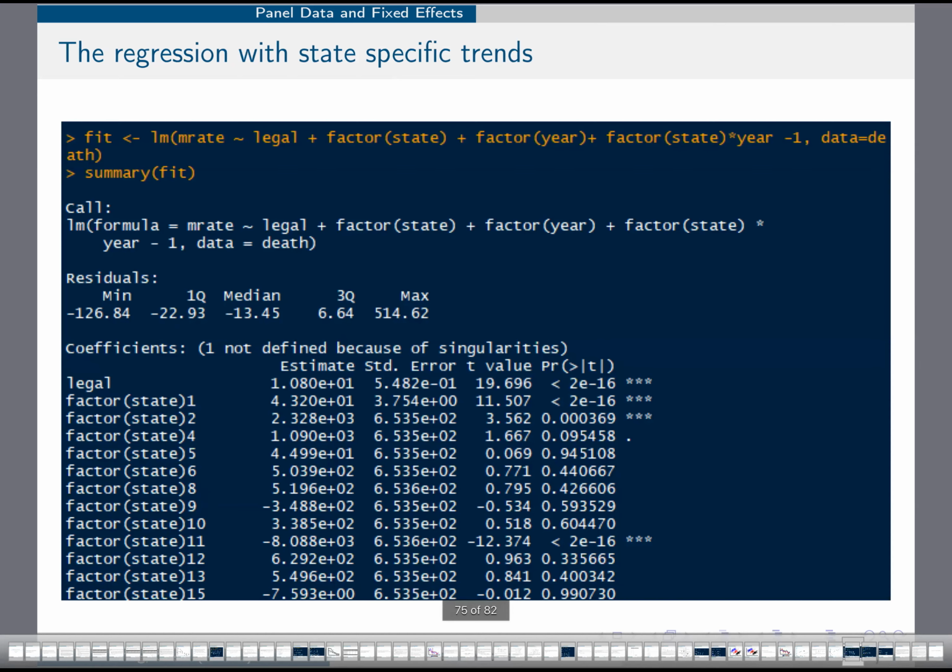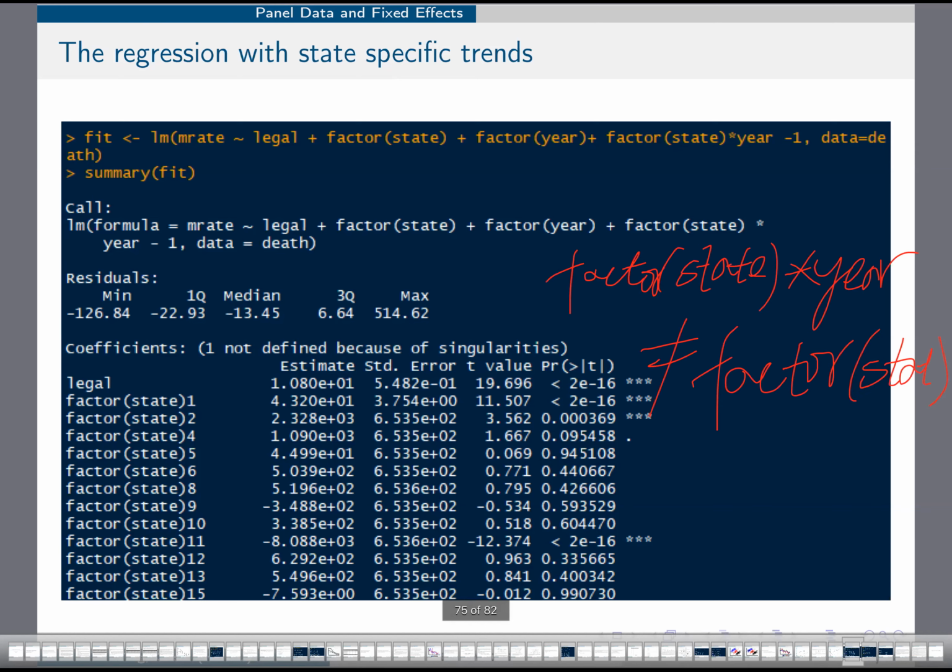So remember, we remind, the factor state times year is not equal to factor state times factor year. These two are not the same as each other, okay?